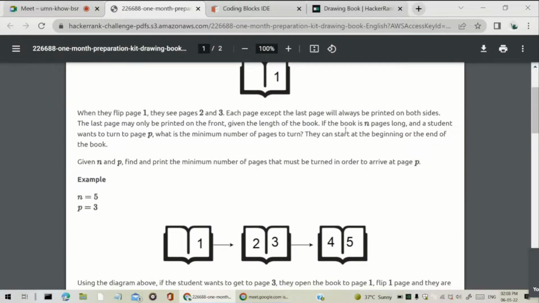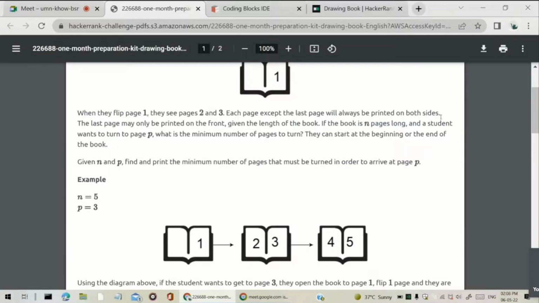So what does the question mean? They will give us the number of pages in the book. Note that it is the number of pages, not the number of papers. A paper consists of 2 pages, and a page is a 1 by 2th part of a paper. That you have to notice.